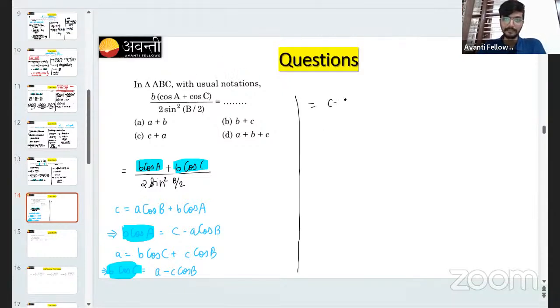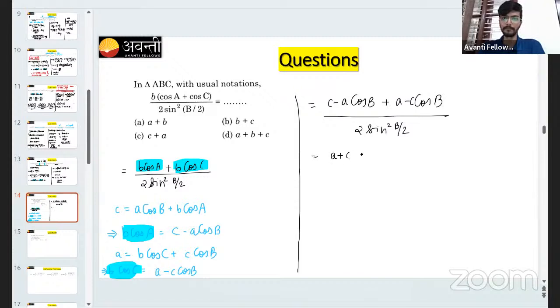I'll get C minus A cos B plus A minus C cos B upon 2 sine square B by 2. Here I can group A plus C and I can take minus cos B common.